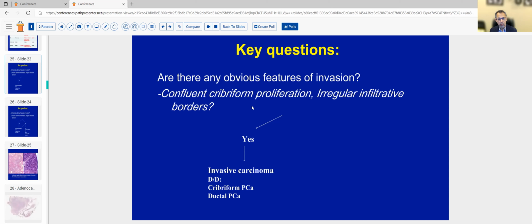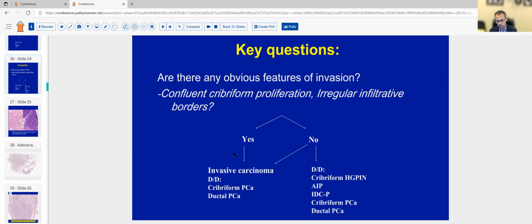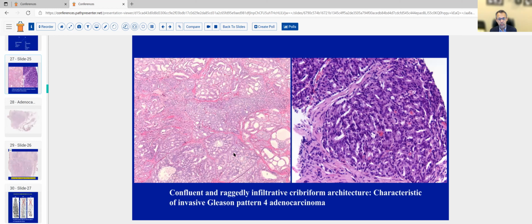If the answer to this question is yes, then you are likely dealing with an invasive process. But if the answer is no, then you are essentially stuck with the entire spectrum, and we have to ask a series of other questions, which I will talk about once we go to that particular section.